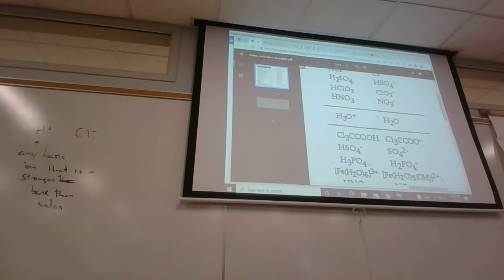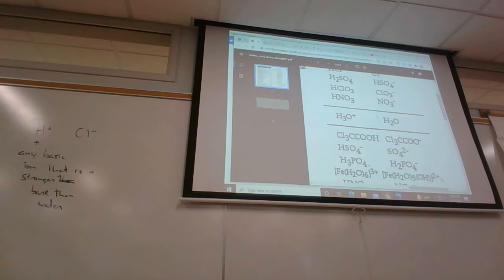If I take HCl and mix it with sodium cyanide, this is double replacement, but the H plus likes cyanide. Cyanide's a base also. When H plus and cyanide combine, they form hydrogen cyanide, which is a gas. You don't want to breathe in hydrogen cyanide because it's a lethal gas. This would be an example of a metathesis reaction.